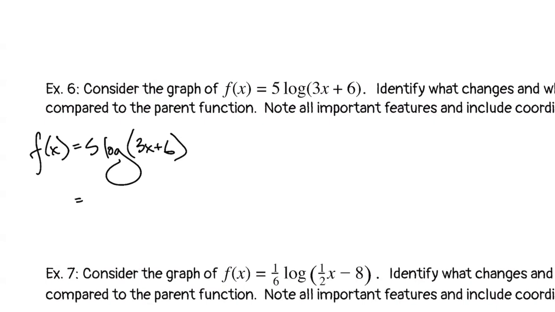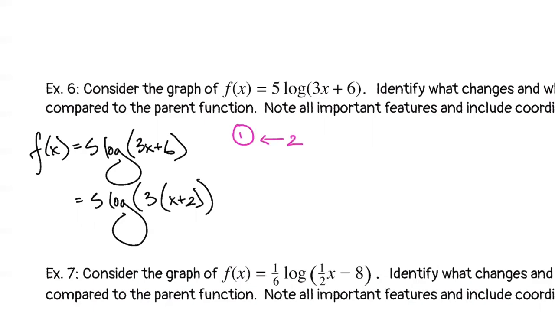We would want to write it as 5 log of 3 parentheses x plus 2, just like we did in the previous question, except now we have this 5 here. So we should still have to the left 2. That's still there. We should still have a horizontal compression of 3. But what is the new transformation that we are adding here?